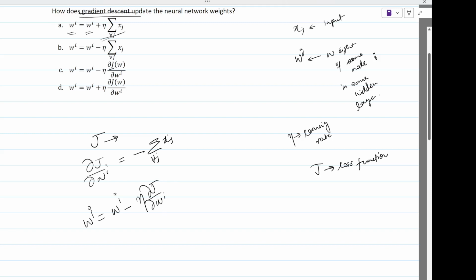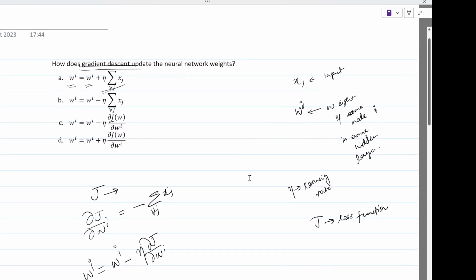But we are not given any information about what my loss function or cost function is, so we can say this is wrong.